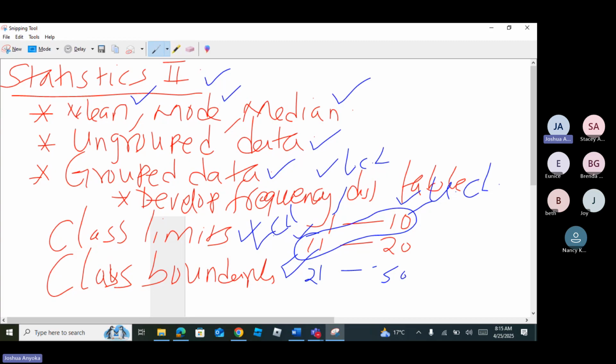There is a gap between the upper class limit of the previous class and lower class limit of the next class. So that is 10 and 11. So 11 minus 10, we have 1. We share this one equally, we get 0.5.